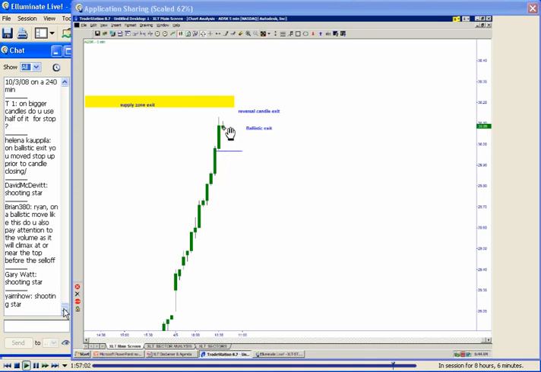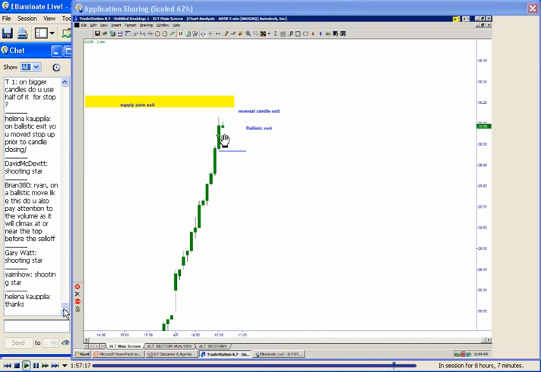If this one closed, I would move my stop underneath that one. As soon as that candle closes, I move it right underneath the low of that. But I have to wait till the candle closes. So it's always below the low of the last closed candle, and that's what we use there.